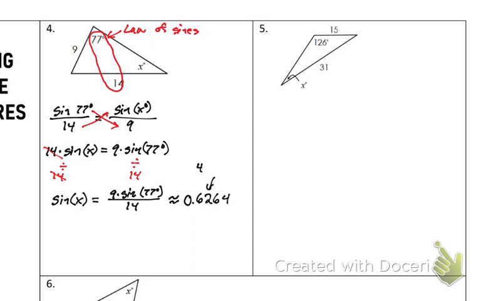That is 4 decimal places. We're doing 4 decimal places because if I round it to the 10th, we're cutting off a ton of information because it's such a small number. All right, so currently I have sine of x equals 0.6264.